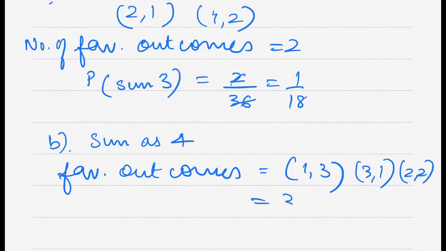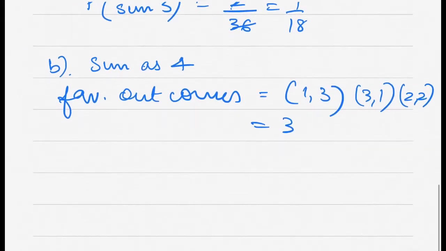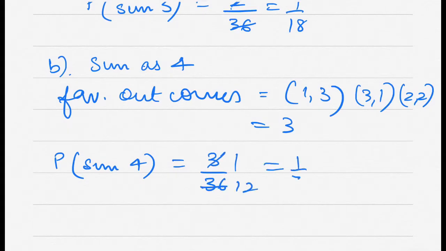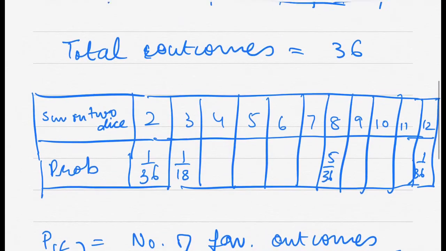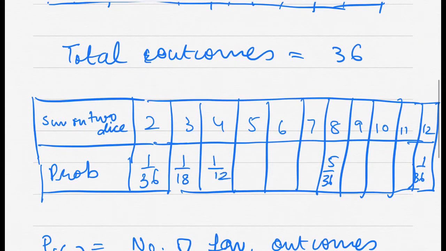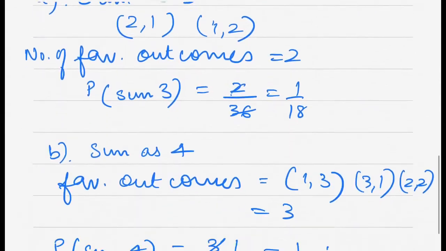So there are 3 favorable outcomes, right? So the probability of getting sum 4 is 3 by 36, which is 1 by 12. That is my answer, so I'll fill it in here: 1 by 12.